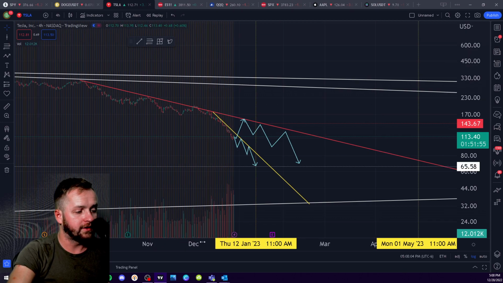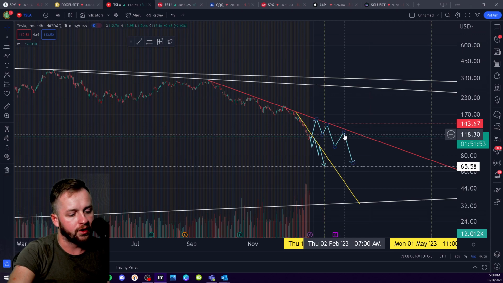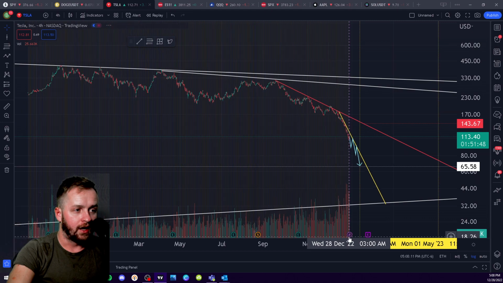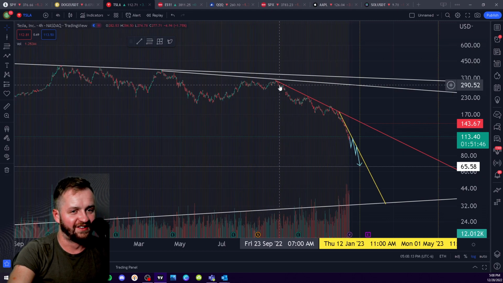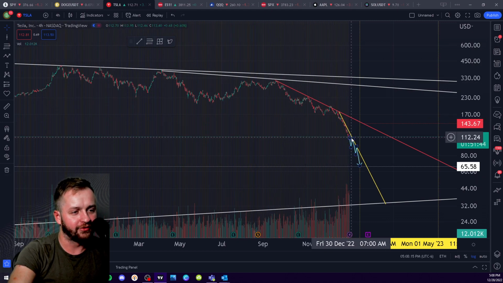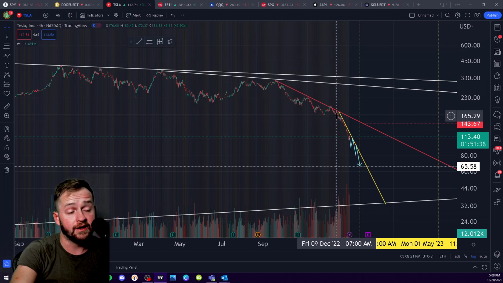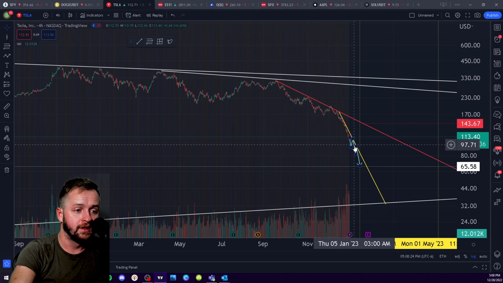Tesla, obviously a big winner for us. We've been very bearish on Tesla for quite a while now. And this thing absolutely jumped off a cliff in the past month. We were really watching it up here around this $200 area. I honestly didn't expect it to be this bad this fast.